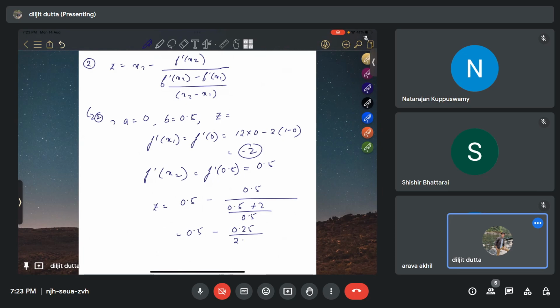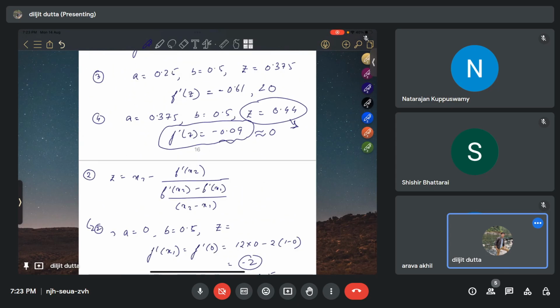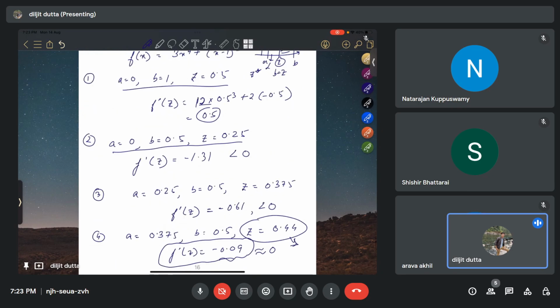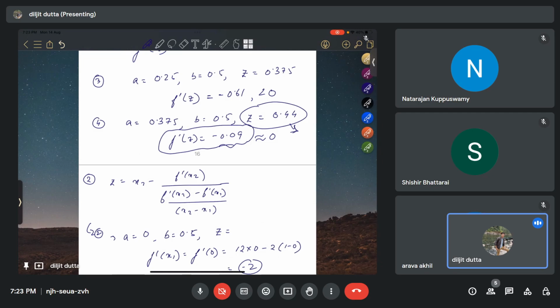So it will come as, I think, 0.5 minus 0.1, so it will be 0.4. So in the secant method we see that directly in the third step we are getting to 0.4. In the bisection method we got till 0.25 after the second step, but here we are getting directly to 0.4, and we found that our optimum is near to 0.4, that is 0.44.